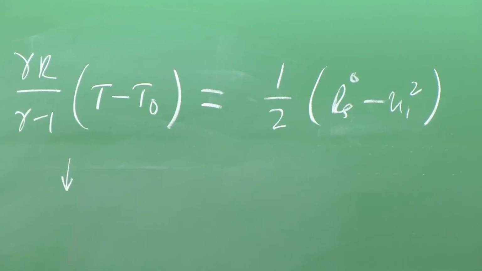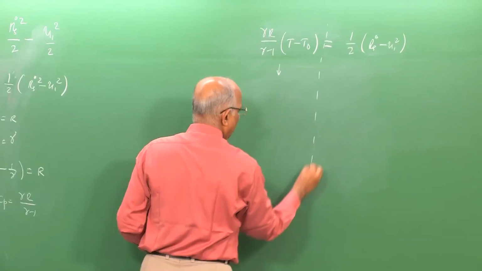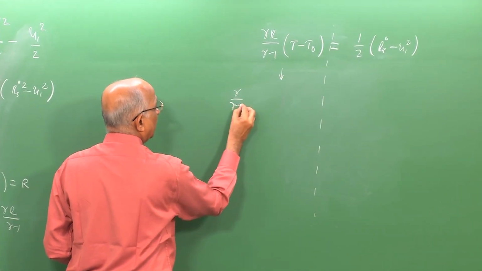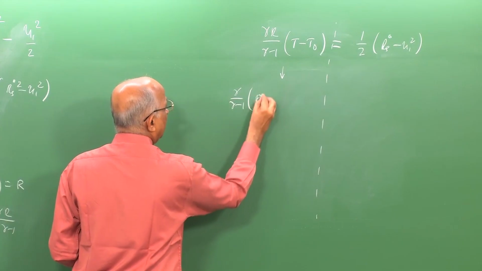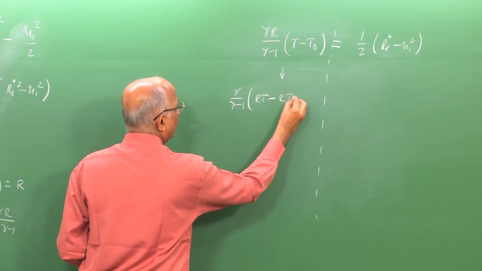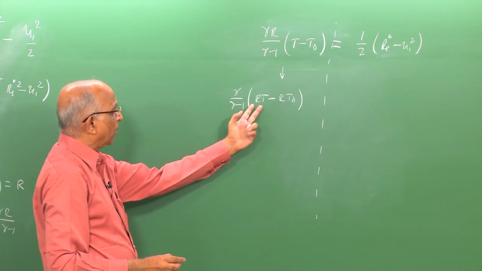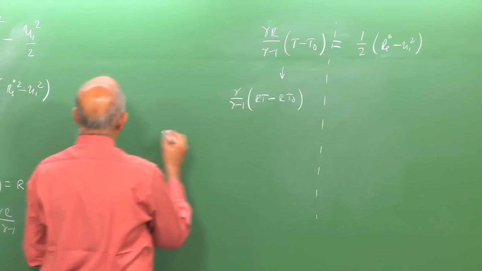Well, for the left hand side, I have gamma divided by gamma minus 1 into RT minus RT0. Well, PV is equal to MRT. Let me use this part of the board.